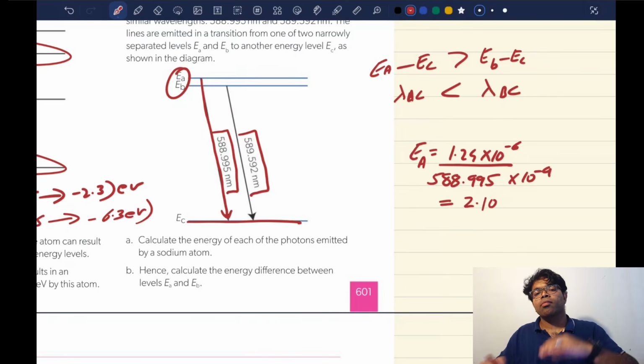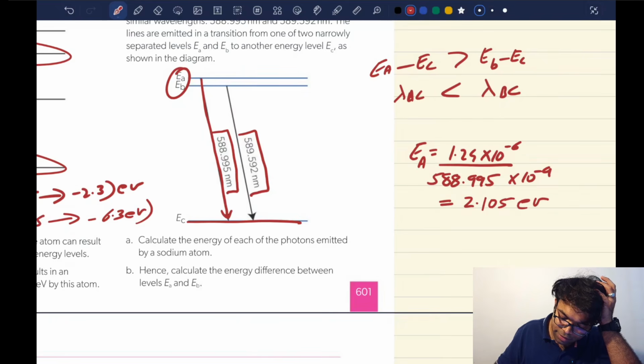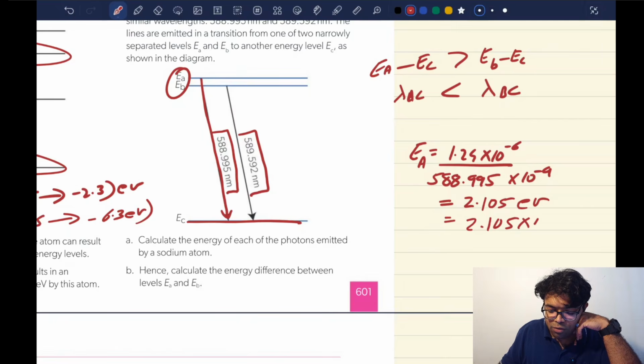What is the answer? 2.105 electron volts. Now, if you want to convert it into joules, all you have to do is 2.105 into 1.6 into 10 to the power minus 19. This will be the answer in joules.